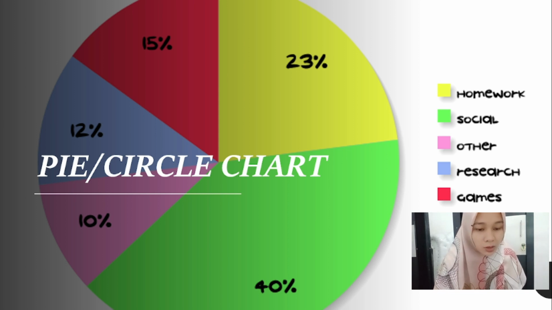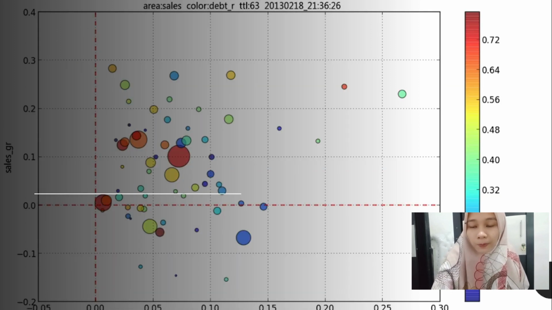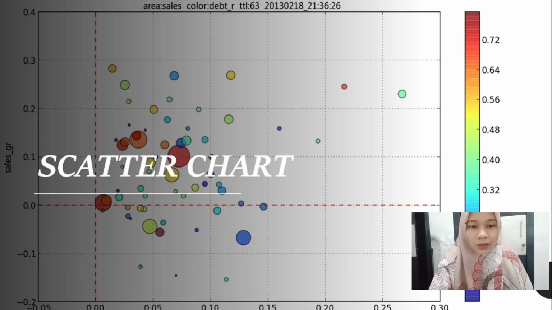So the biggest percentage in this chart is the green color, that's social. You may see the other information on the right side: homework, social, other, research, games. Okay, so this is very easy. This is very recommended for you when you write your thesis later on.